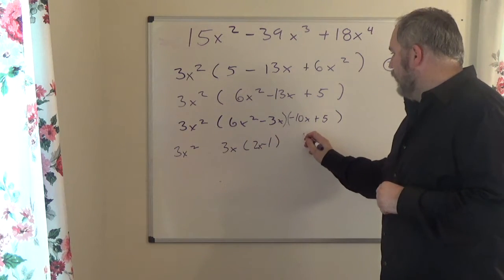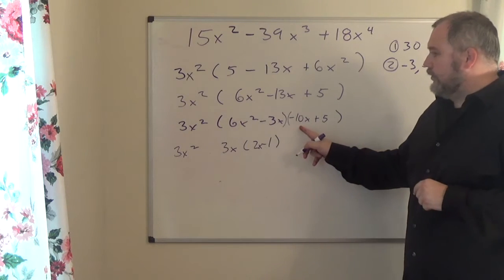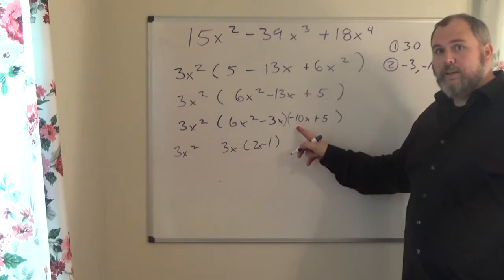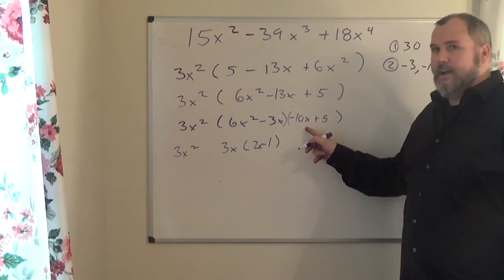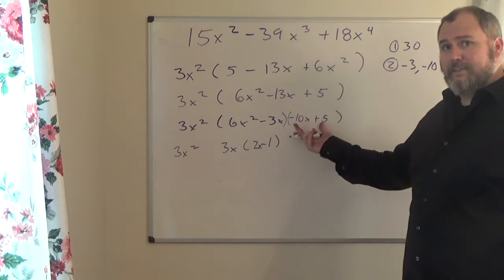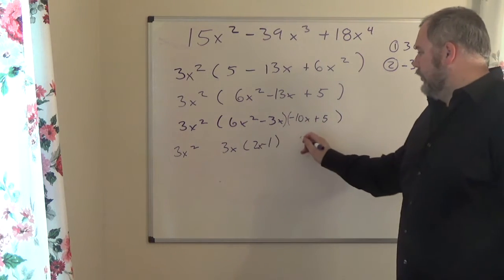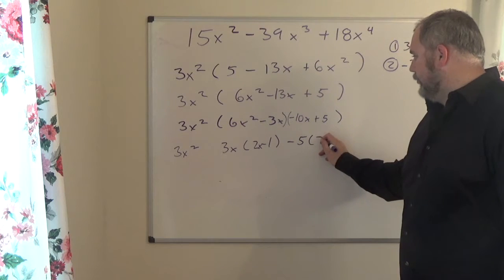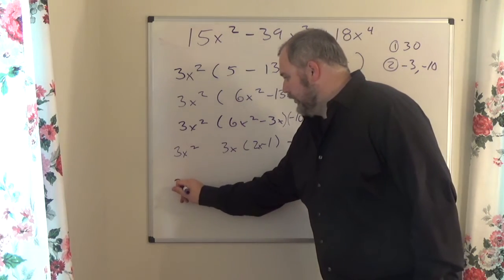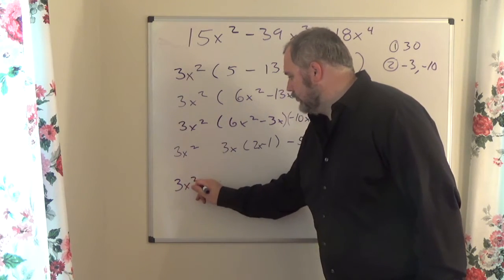And this is going to be, in this case, look at this one. I can factor out a 5, but what I really want to do is factor out a negative 5 because I don't like that negative. So I'm going to factor out a negative 5 here, and that gives me 2x minus 1. My GCF comes on down.